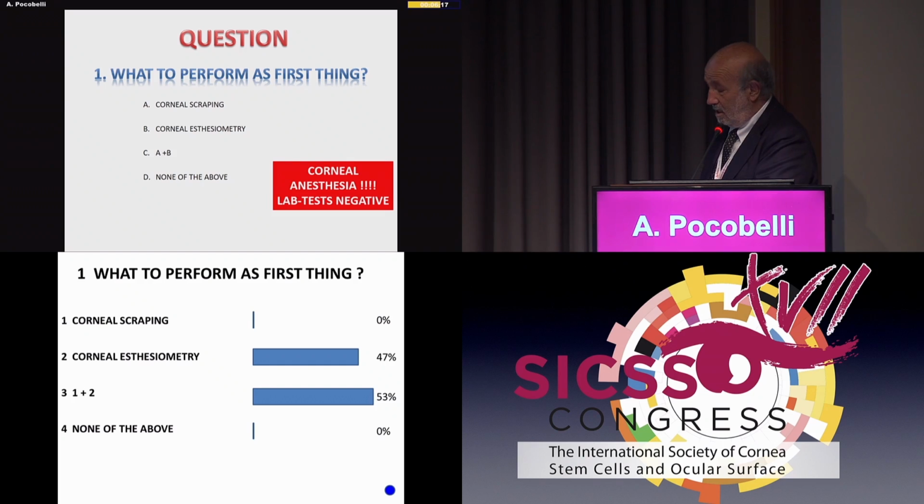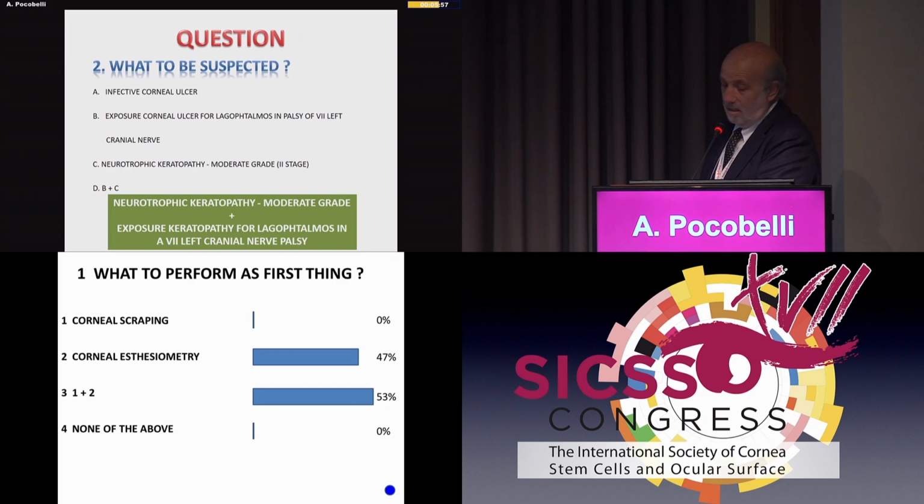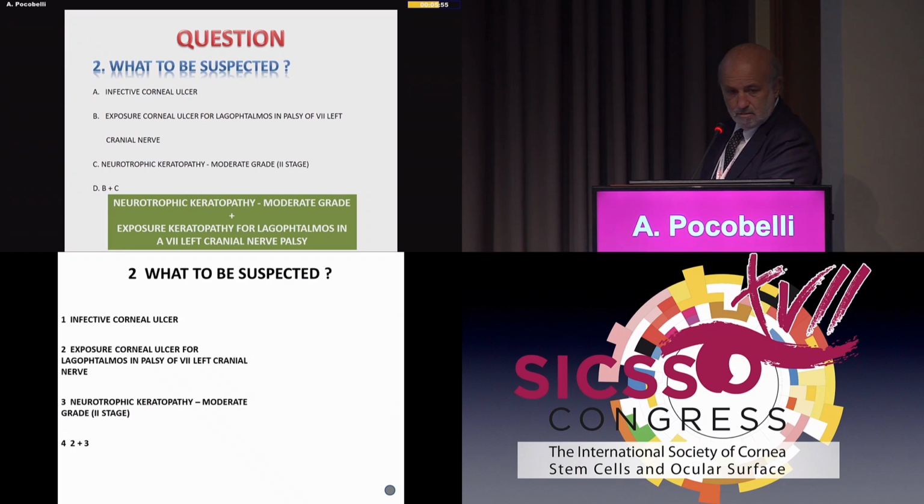It is also very useful, as we said this afternoon, for these patients having an epithelial defect, to think of a possible form of herpetic keratitis. So PCR may help us, and corneal scraping may help us understand whether there is also a herpetic co-infection. So we went for both these strategies.